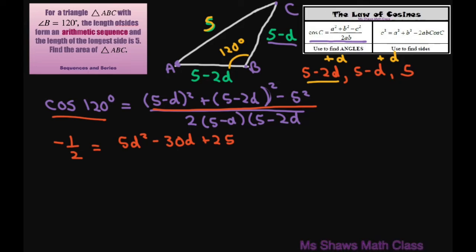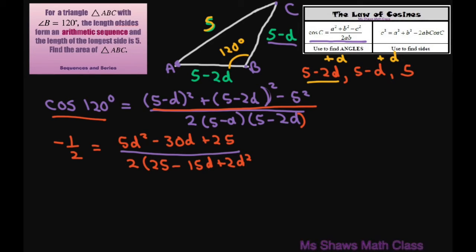And in the denominator, you're going to have 2 times (25 minus 15d plus 2d squared).